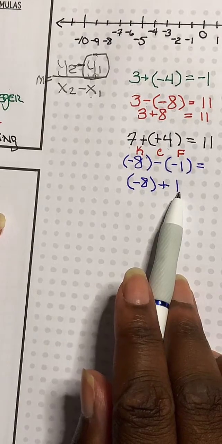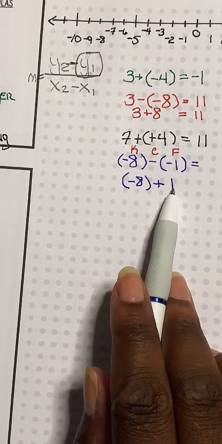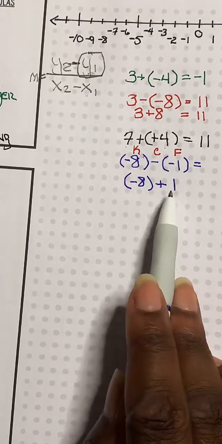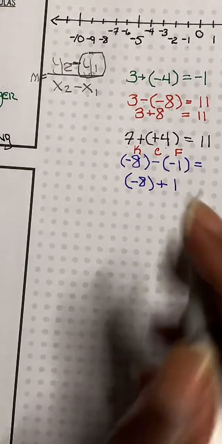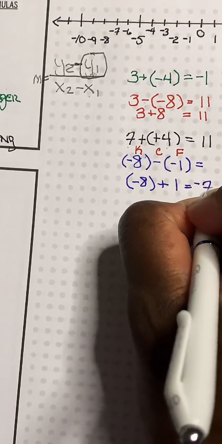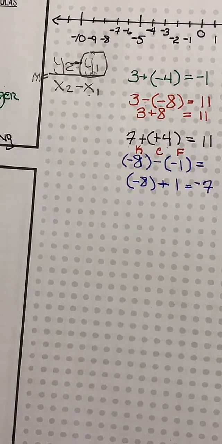If you want to think of it as money, that's what really a lot of students really connect with. When I said you owe me $8 and you paid me $1, that means you still owe me $7. We're not doing that fake girl math stuff that people keep promoting. No, I want my money. Give me my $7, right?